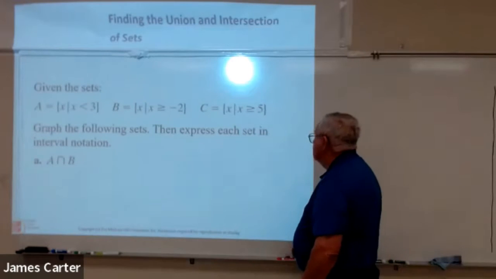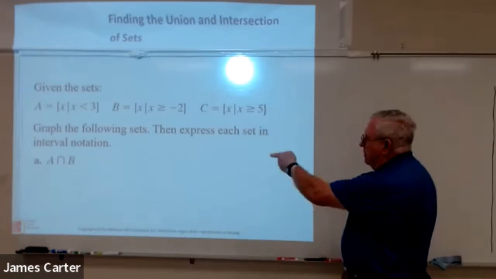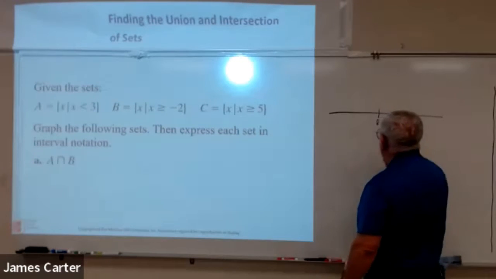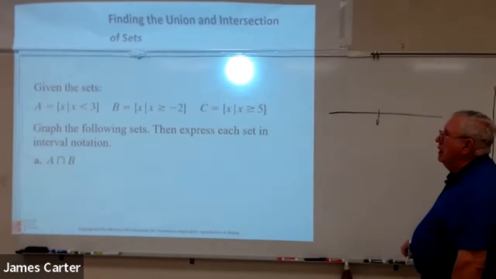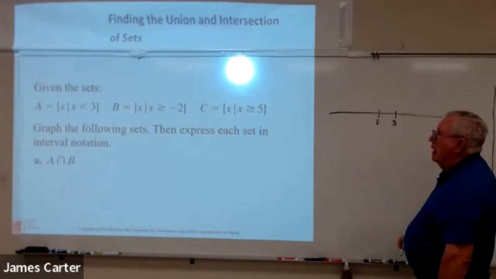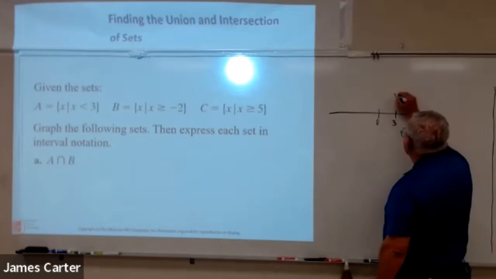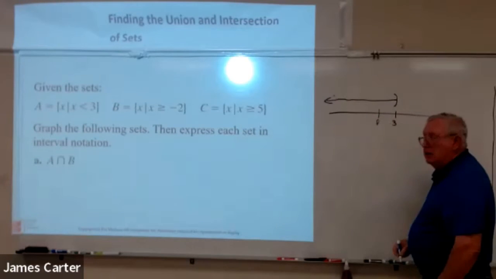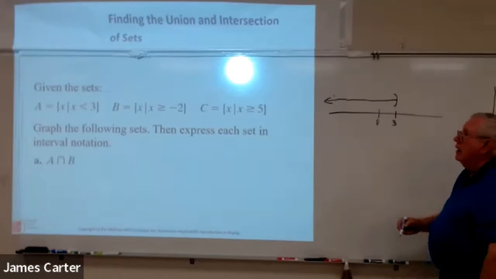This one means, and even though I'm going to graph this, that I know they are too. Here's my number line with my 0, and here's my 3. And this is going to say that X is all values smaller and not inclusive of 3. What is that?